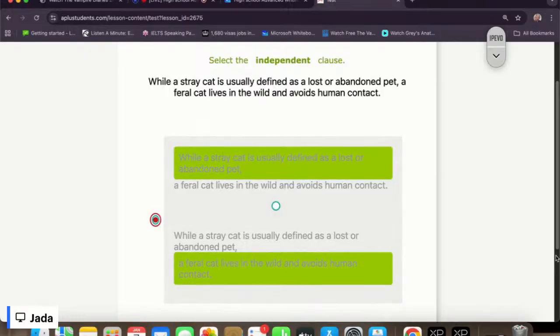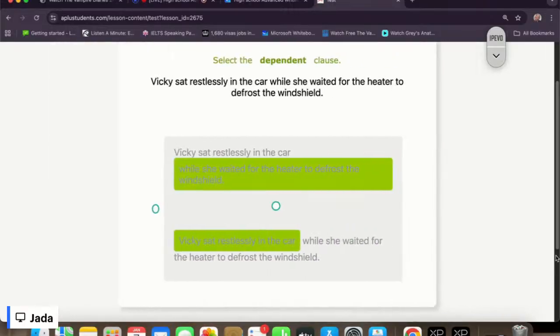So we have the second. Okay, Vicky sat restlessly in the car while she waited for the heater to defrost the windshield. First or second for dependent clause?